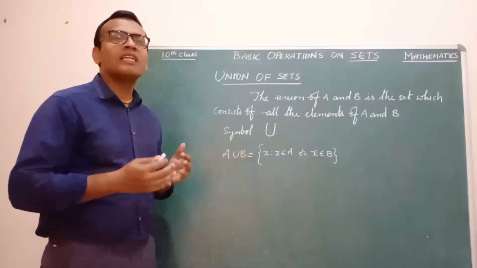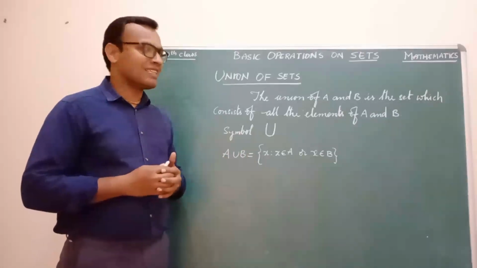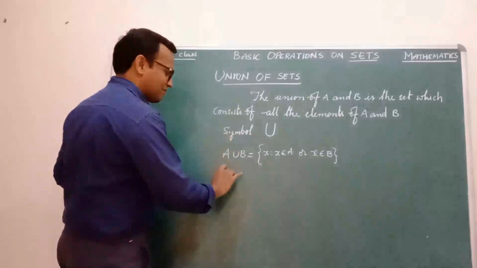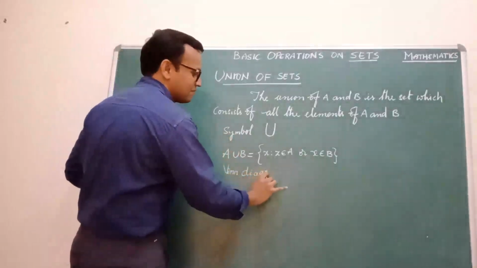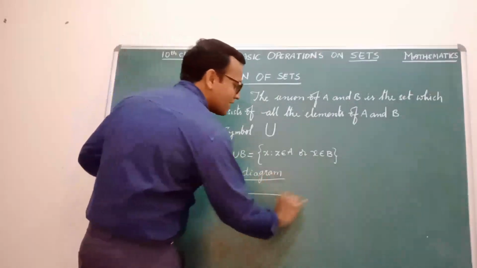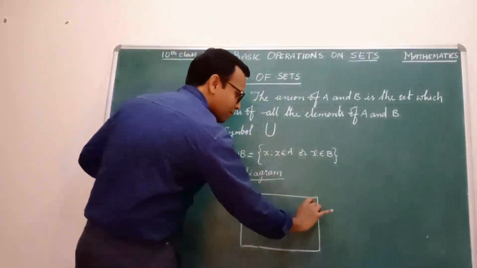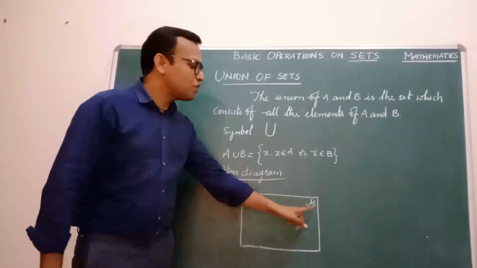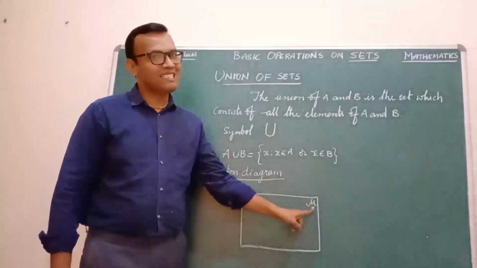Now how do we illustrate the union of sets in Venn diagrams? Let's see now. Venn diagram. Let us consider one universal set mu. Children, we know that mu denotes the universal set.